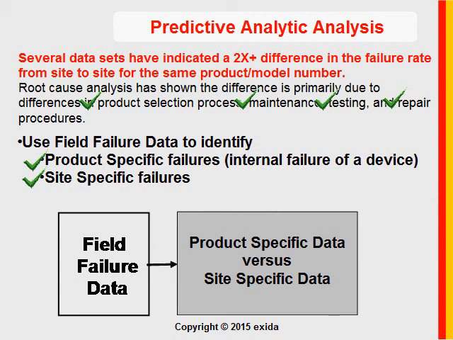Your data will help you find these problems if they exist at your site. And if they don't exist at your site, it will confirm that you have a good safety culture, a good maintenance capability. FMEDAs are a good way to get started, but FMEDAs, to be very clear with you, only give you the failure rate for product-specific failures.